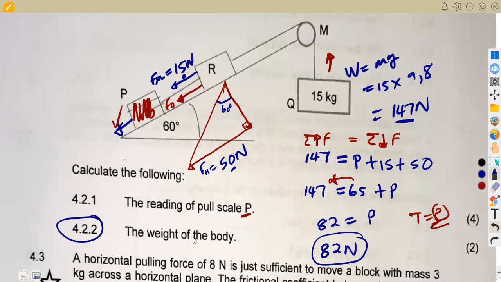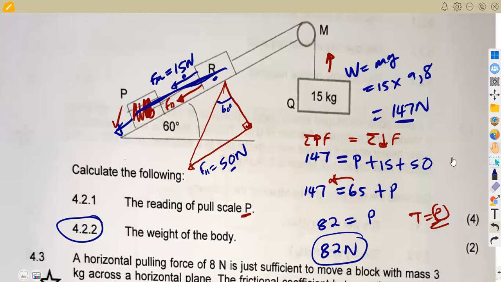Then the weight of the body in this case, what is going to be the weight of the body? All right. The weight of the body is not taken from here. The weight of the body is the one that we are having here, or you're going to consider as R, which is the same as what is happening at P. Here is the same thing here. We are considering the same thing.